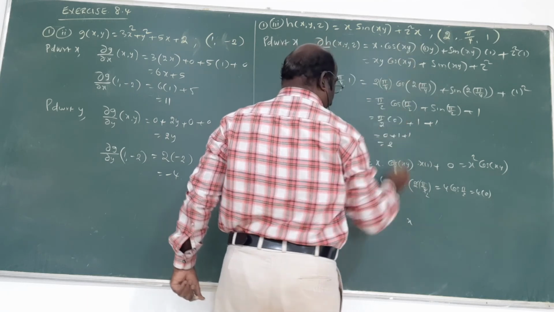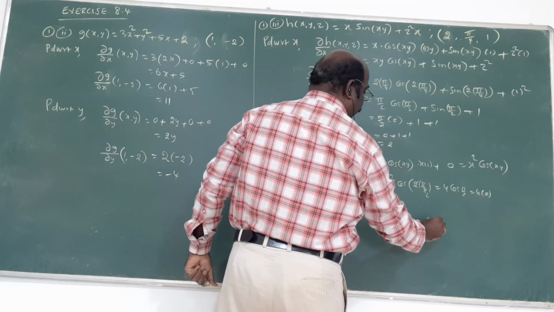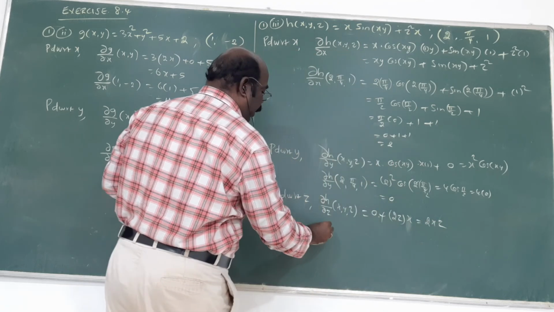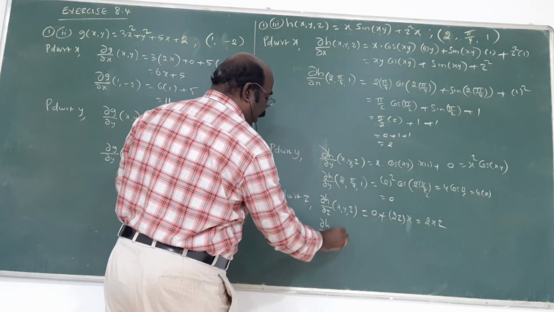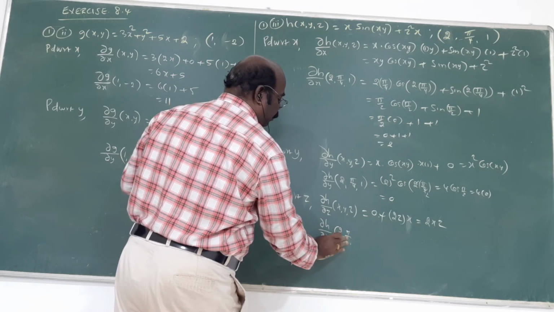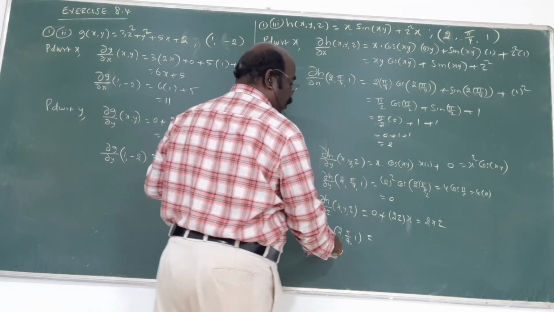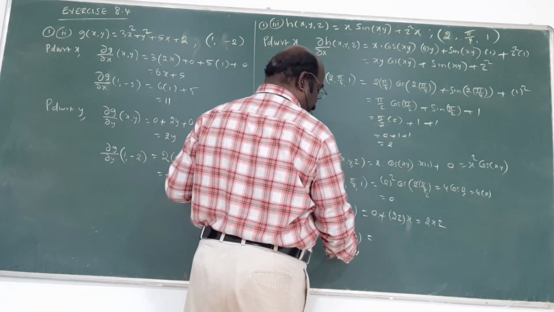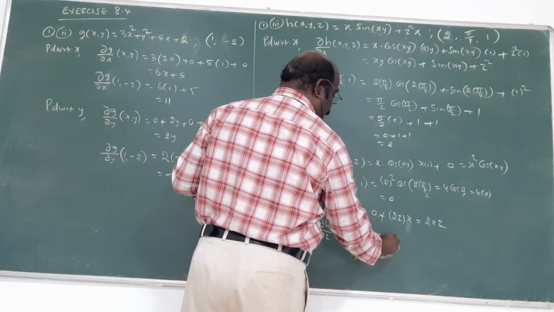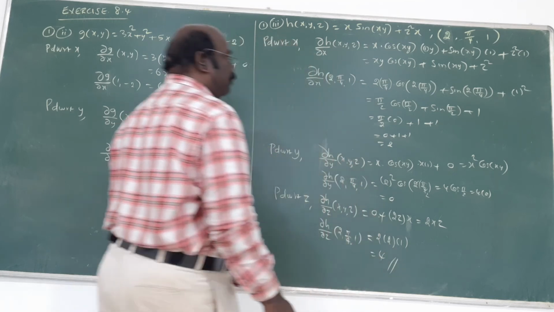The derivative is just like 2z. So 2x is the answer. Now substitute again. Dou h by dou z of 2 comma 5 pi by 4 comma 1. X is 2, y is pi by 4. This is 1. 2 into this is 1. Answer 4. What's the answer?